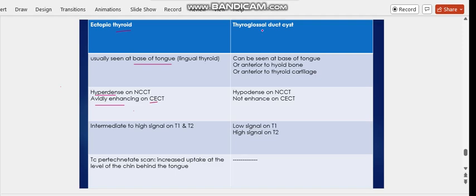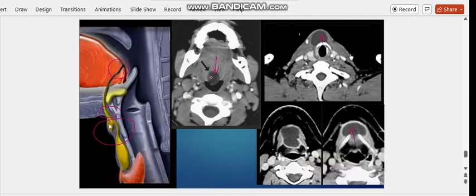However, the thyroglossal duct cyst is a cyst, so it will be hypodense on non-contrast CT and it will not enhance on contrast enhanced CT. So let's see. This is a thyroglossal duct cyst, hypodense and non-enhancing on the contrast enhanced CT scan.